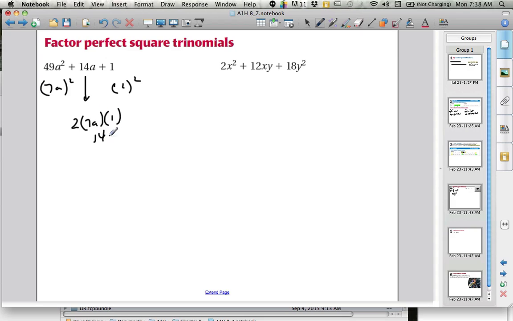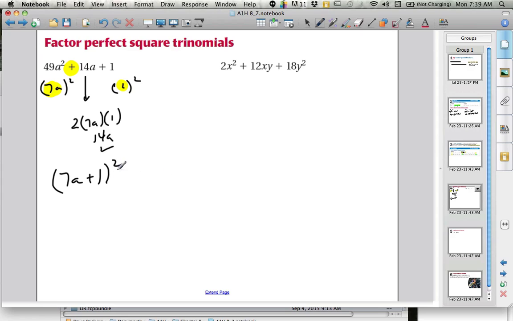That would be 14a. Yes, it is. That checks out. So I know that this is 7a, right? So again, the parts I'm using, I'm going to use 7a plus 1, squared.